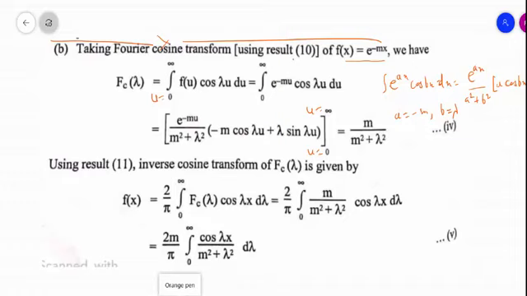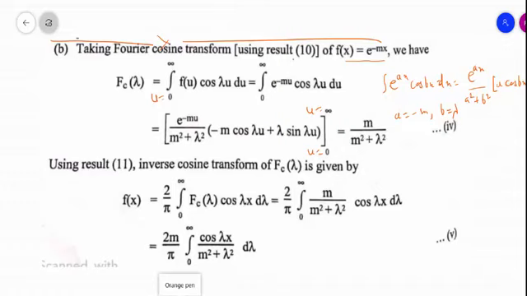From the property of the exponential function, e raised to minus infinity is 0. So the upper limit will be 0 minus the lower limit at u equal to 0. Minus minus becomes plus. And cos lambda 0 means cos 0 is 1, and e raised to 0 means 1. So only remains plus m upon m square plus lambda square.